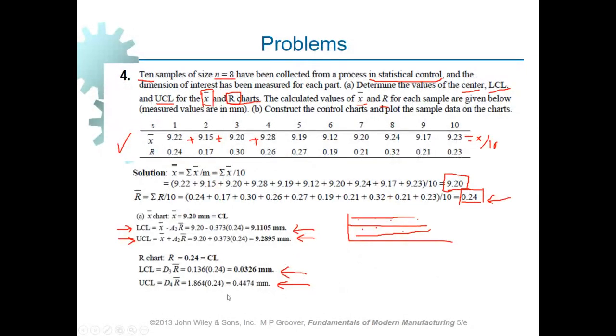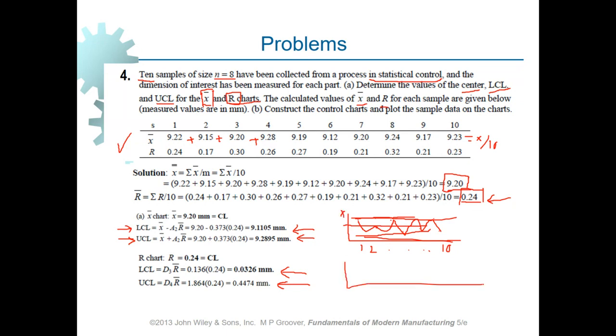So we have the value of sample 1 here, 2 here, going all the way up to 10. Then we'll have a number of points here and there, and eventually we've got to connect all these points to one another. As long as it is in statistical control, it remains between the upper and lower limits.